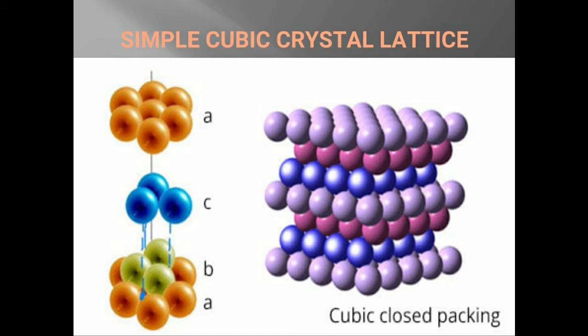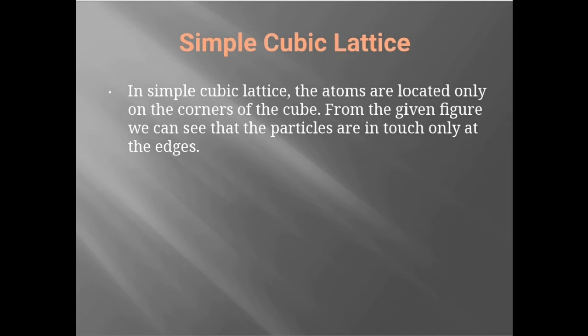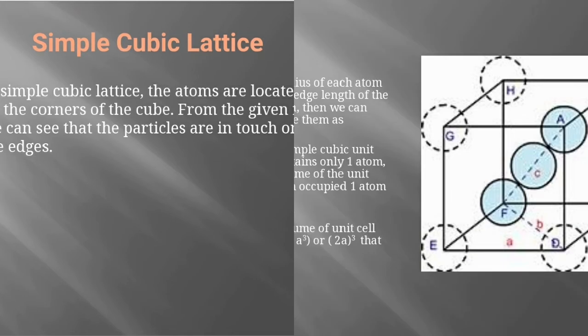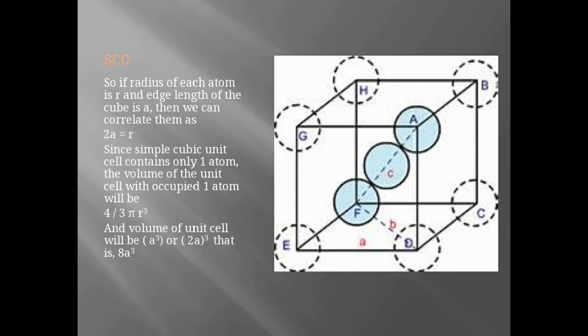In simple cubic, you can see that there are 6 neighboring spheres. Here is one more diagram to make this clearer for the simple cubic crystal lattice. A simple cubic lattice means the atoms are located only on the corners of the cube.